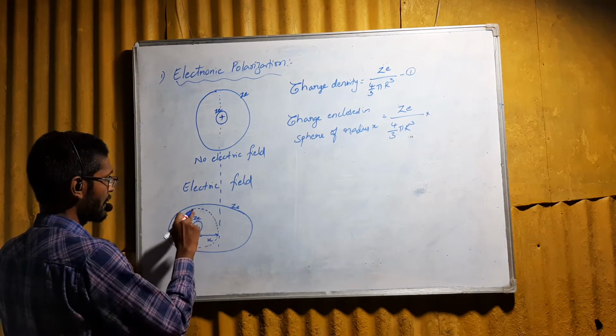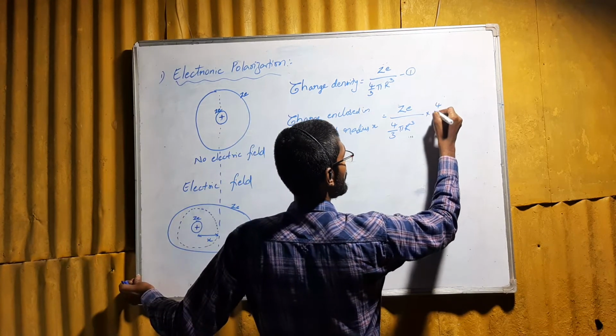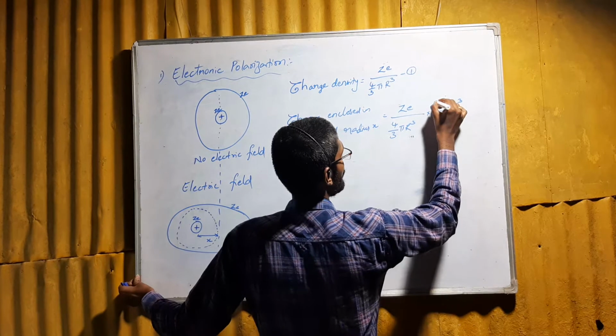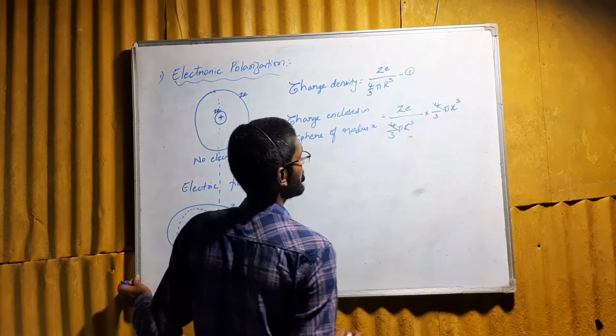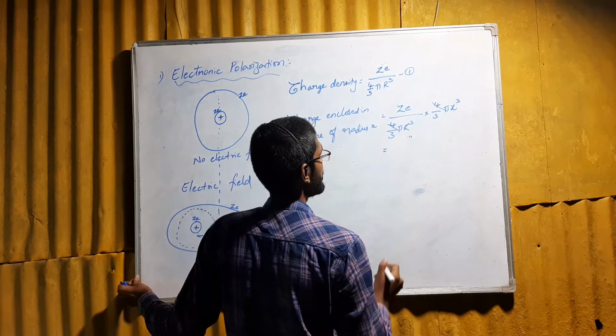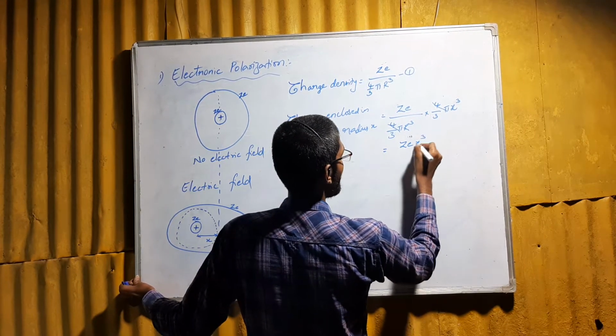The radius of the enclosed sphere is x. Therefore, the volume of this sphere can be given as 4/3 pi x cube. So 4/3 pi and 4/3 pi will cancel with each other. Therefore, the charge enclosed in the sphere of radius x can be given as Ze x cube by r cube.